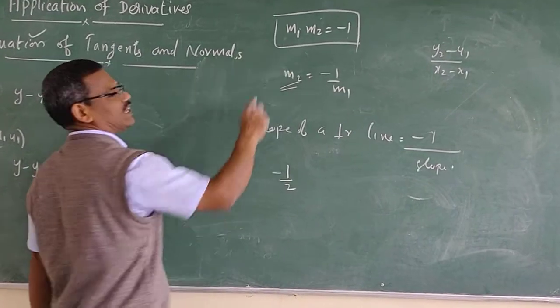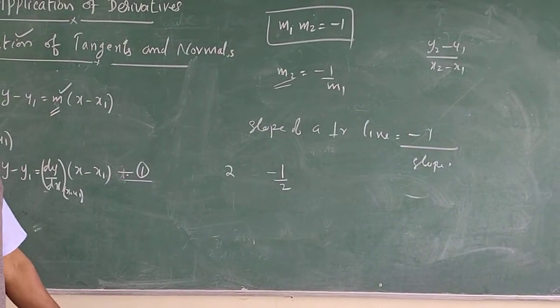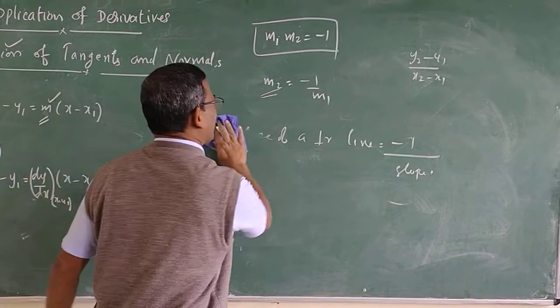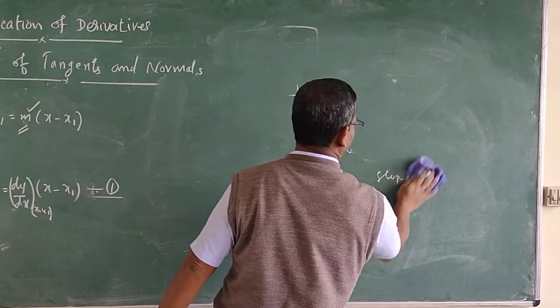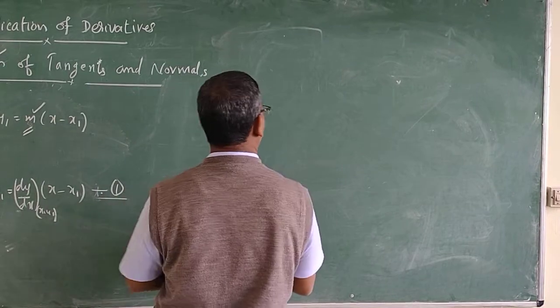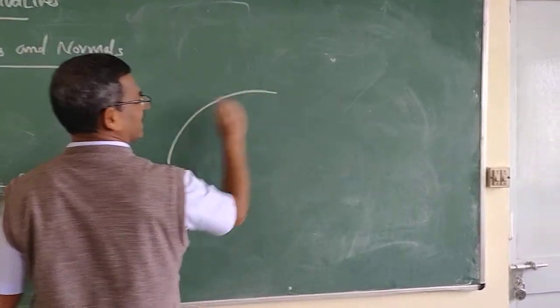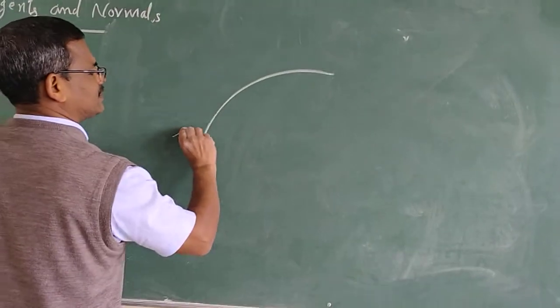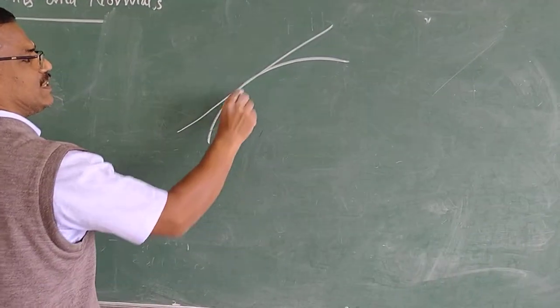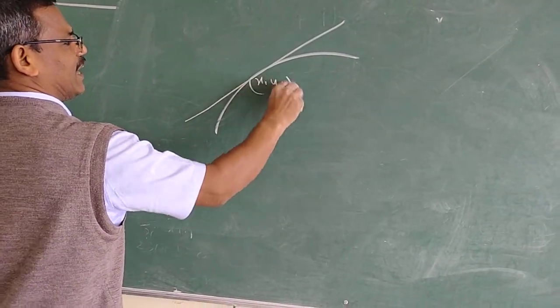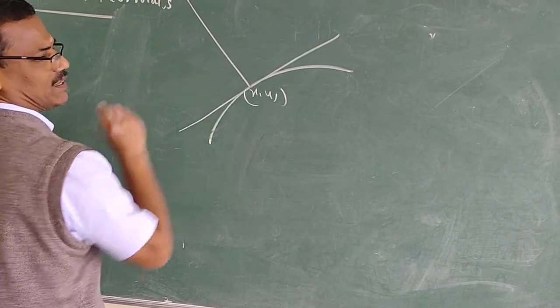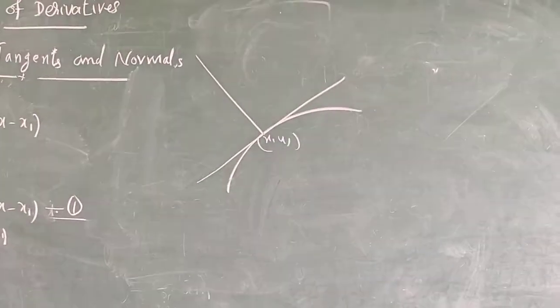So remember this result, m1 m2 is equal to minus 1. If two lines are perpendicular, and a normal is a line perpendicular to the tangent, then this is the tangent at x1, y1, and this is the normal at x1, y1.